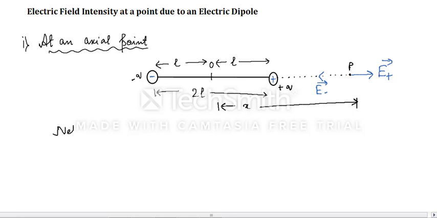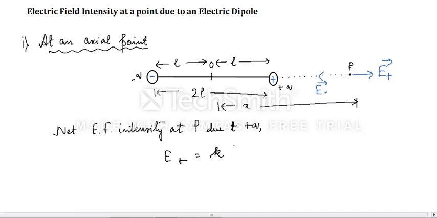Net electric field intensity at P can be given by, at P due to plus Q, E plus is equal to K Q by x minus L whole square, this much i cap.